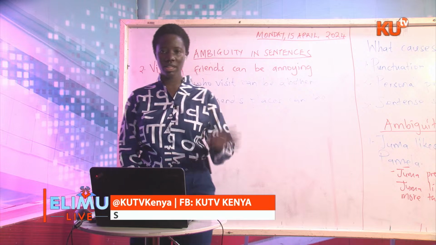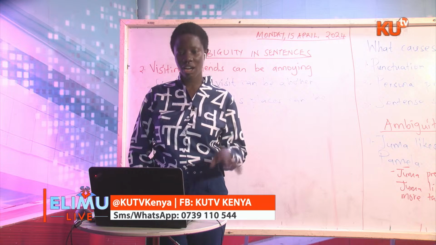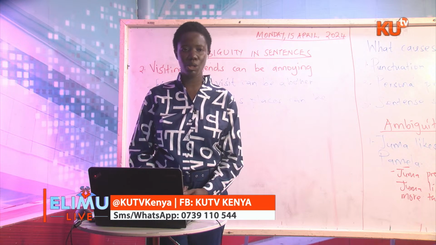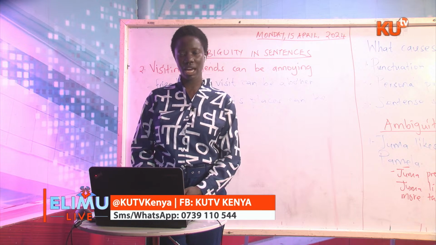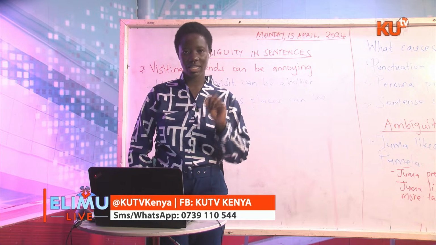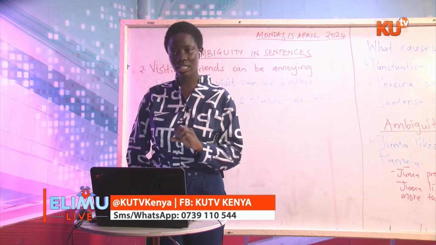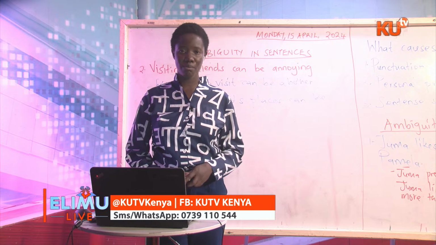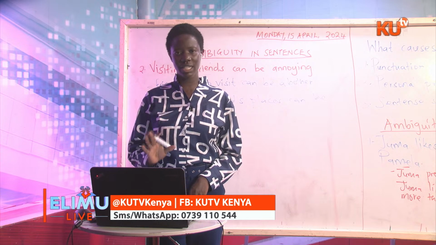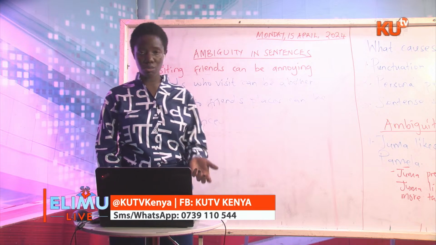All the learners from all over the nation, from national schools, extra county schools, county schools, and sub-county schools, you have to understand the term ambiguity, so that when the examiner asks you to remove ambiguity in a sentence, you know that it is a confusing sentence or statement, and thereby you have to give two different sentences that are clear and won't be confusing.